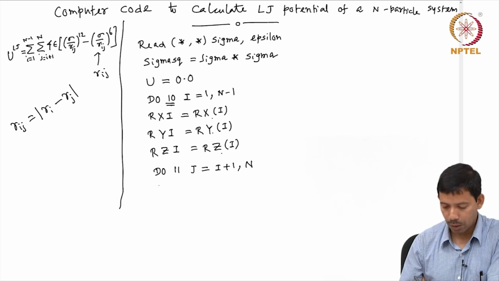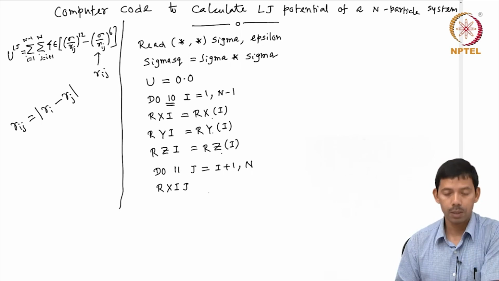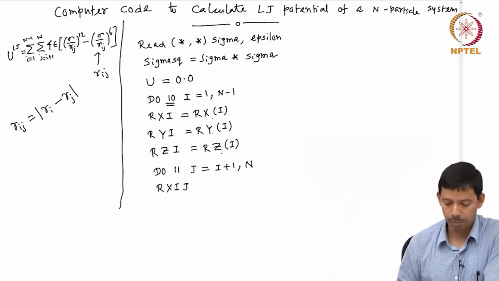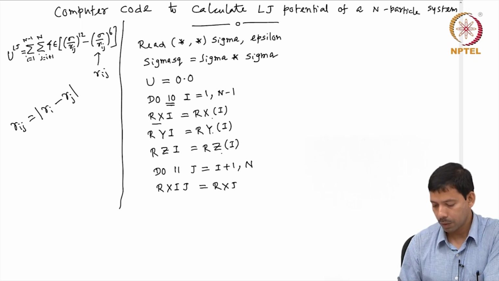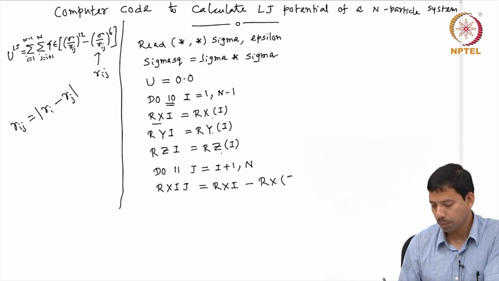Now inside this I calculate Rxij, which is the distance between the x components of the ith and jth particle. I already have Rxi from here, so I write Rxi minus Rxj. This is my x component separation between the ith and jth particle.